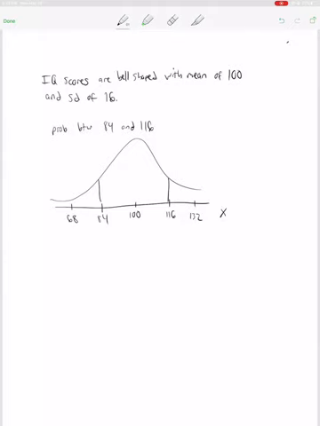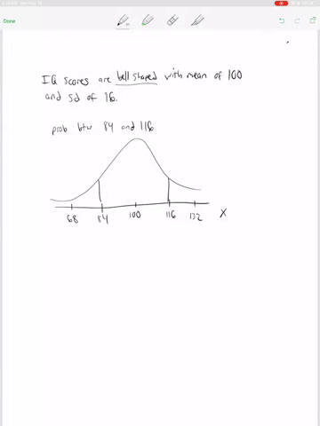For the empirical rule, I give you a few options, especially in the graded homework. But here, before you use the empirical rule, you have to ask the question, is the data bell-shaped?